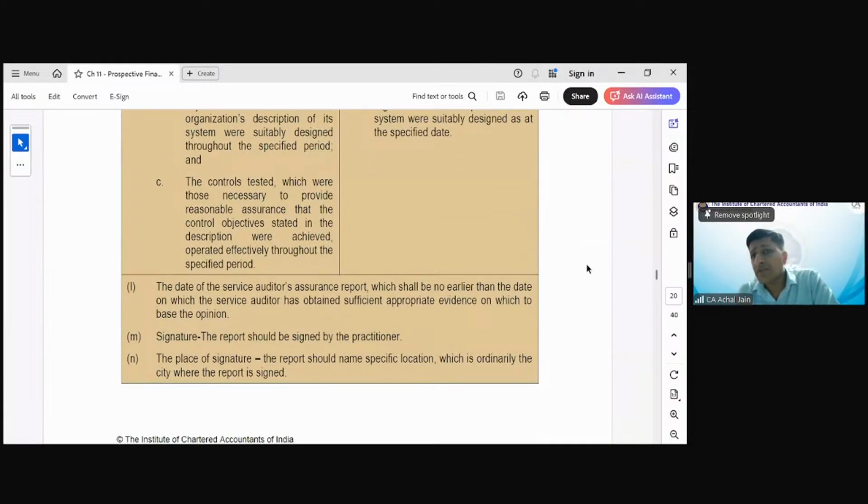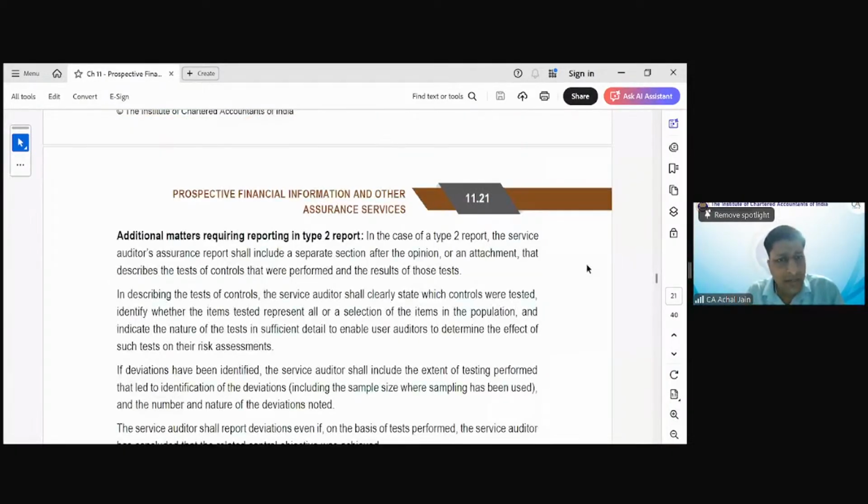Date of the service auditor's assurance report, which shall be no earlier than the date on which the service auditor has obtained sufficient appropriate audit evidence, which is quite generic. Yes or no? We all understand this. Then of course, signature and place of signature will be given in a similar manner.